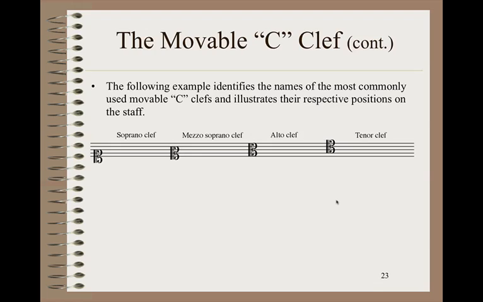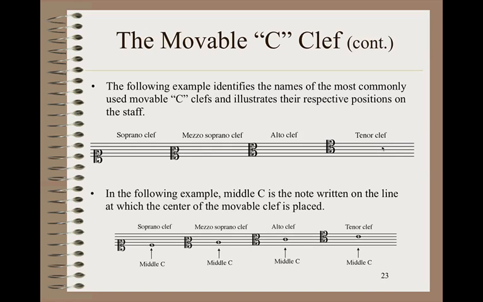All you really have to remember for this class is that it's called the movable C clef, even though they do have specific names like the soprano clef, the mezzo-soprano clef, the alto clef, and the tenor clef. What you want to remember is that wherever the two half circles meet, see how this is kind of two half circles, and right here on this one, the two half circles meet on the first line.